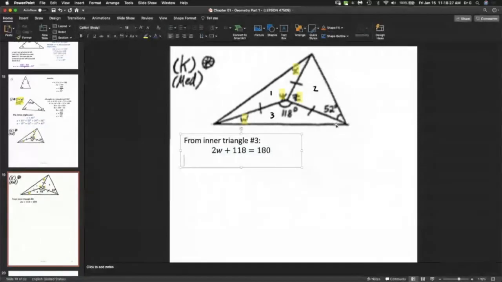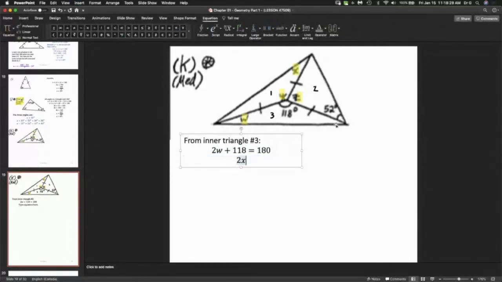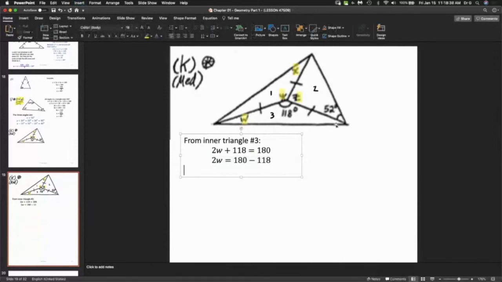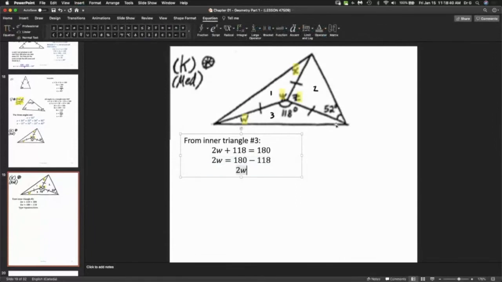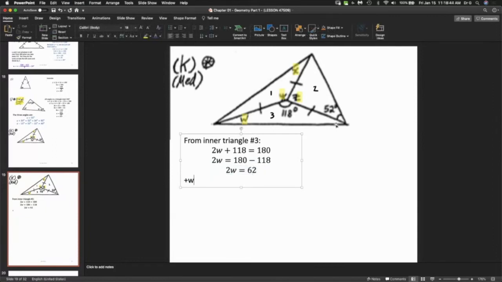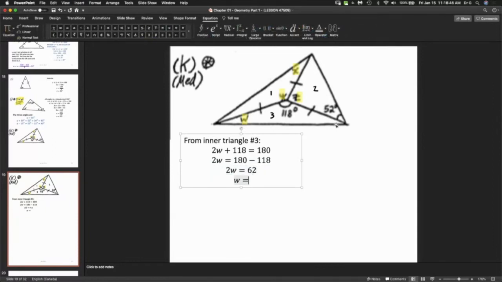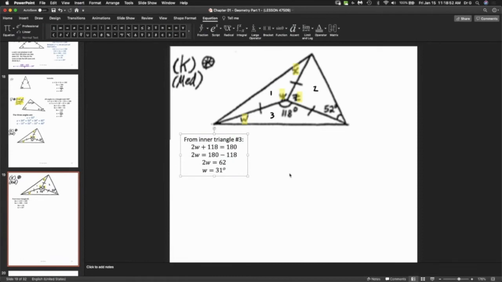Well, someone's already solved it, 31. I'm going to go through it slowly here. So is that 62? And yes, that is correct. W is 31. So 1 down and a few more to go.